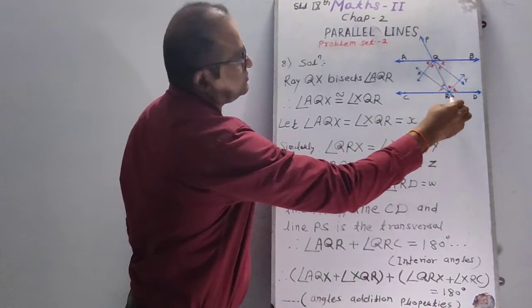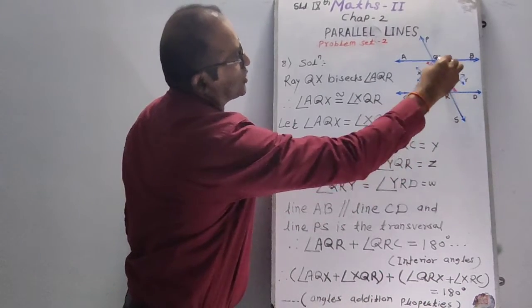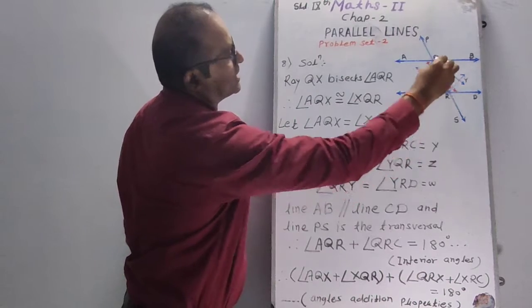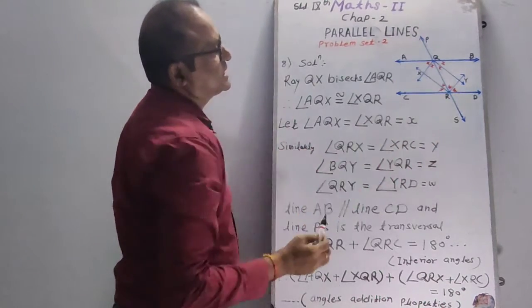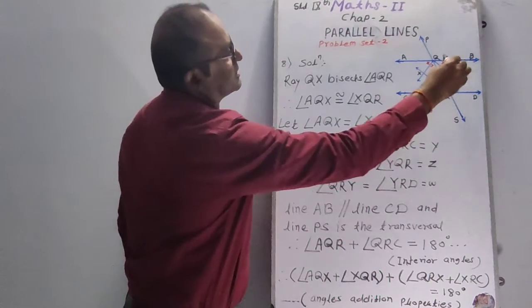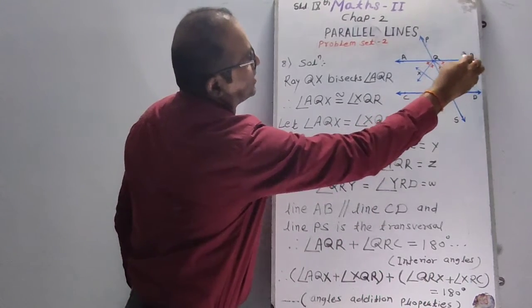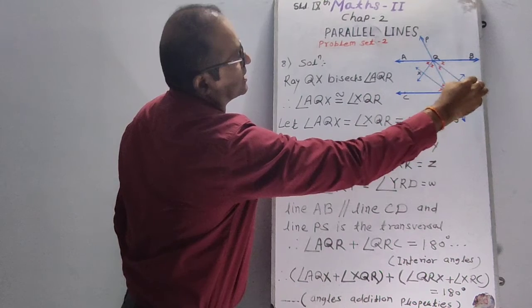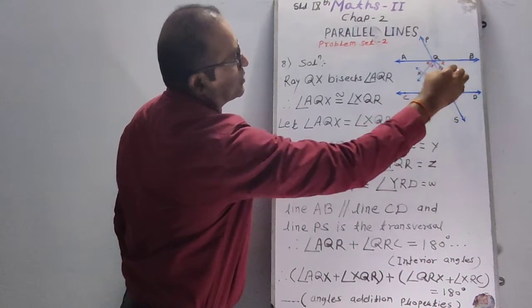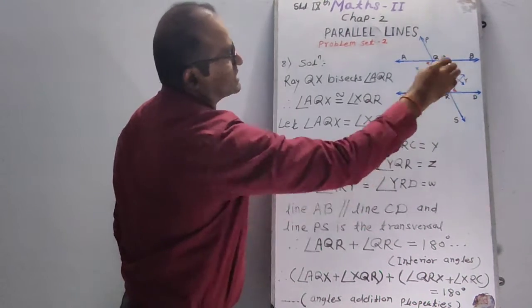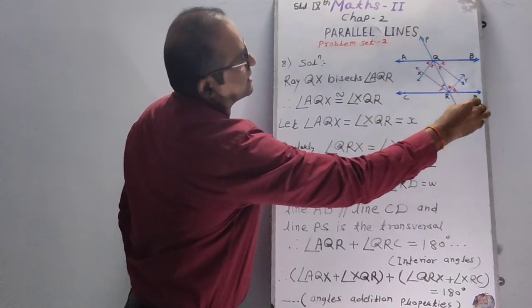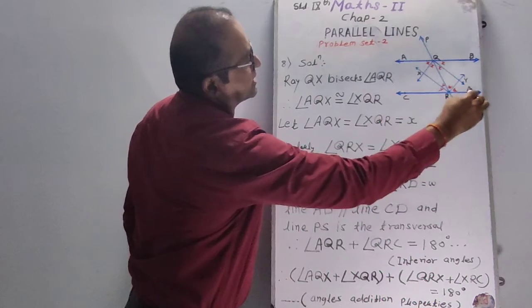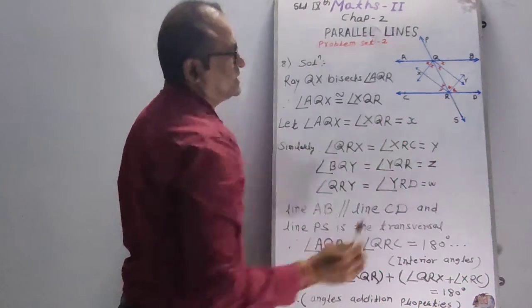Similarly, angle QRX is equal to angle XRC is equal to y. Similarly, angle BQY is equal to angle YQR is equal to z, and angle QRY is equal to angle YRD is equal to w.